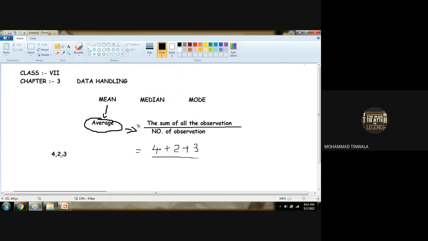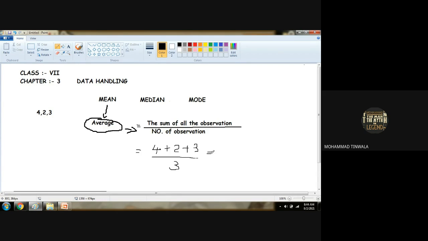How many numbers do we see here? 4, 2 and 3. How many are there in total? 3. The number of observations is 3.